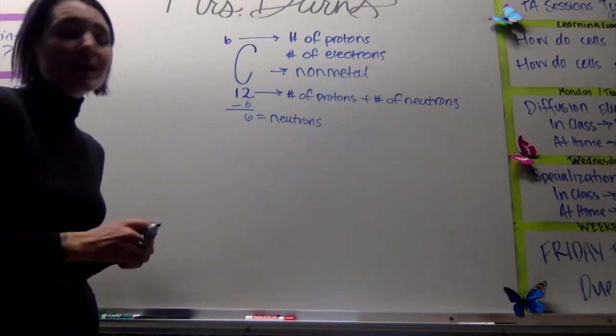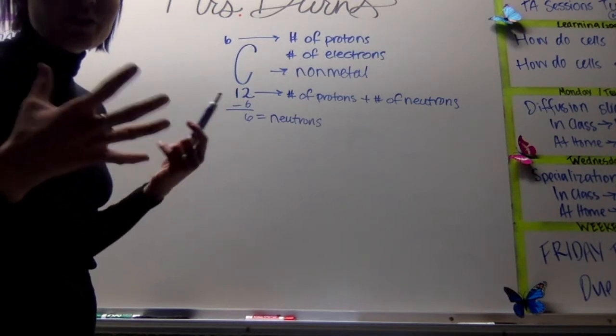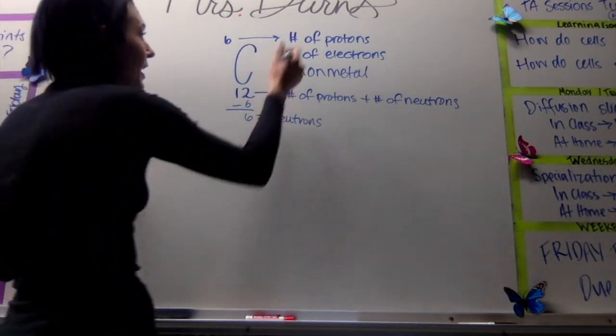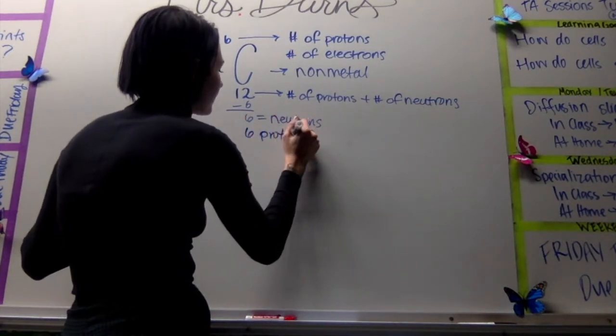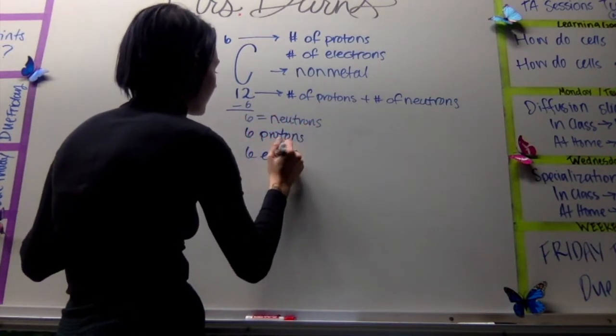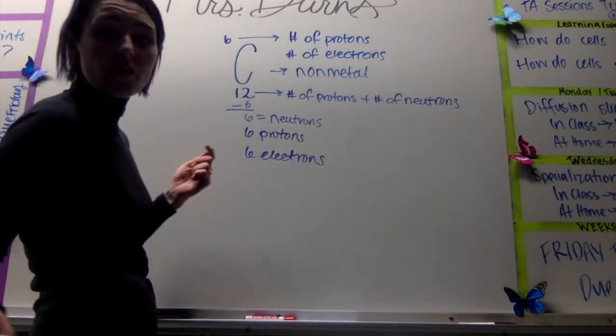And then finally, let's draw it. Let's see what it looks like as an actual atom drawing. So now that we have this information, we know it has 6 neutrons, 6 protons, and 6 electrons. The last piece of information we need to know is where do these go in the atom?